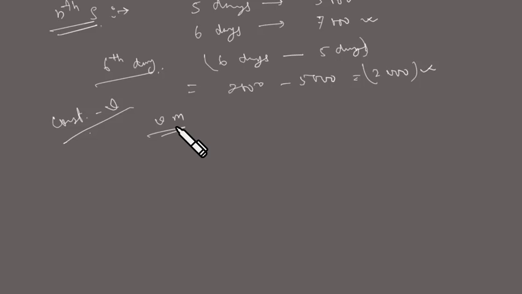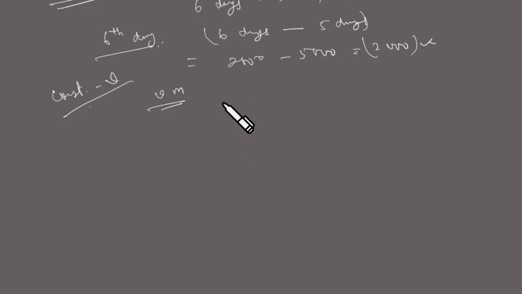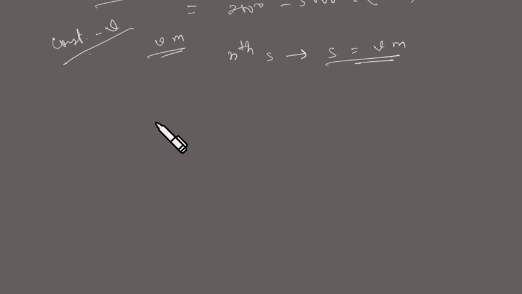In any second, the body is moving v meter. So in nth second also we can simply say the displacement of the body Sn equals v meter for constant velocity.